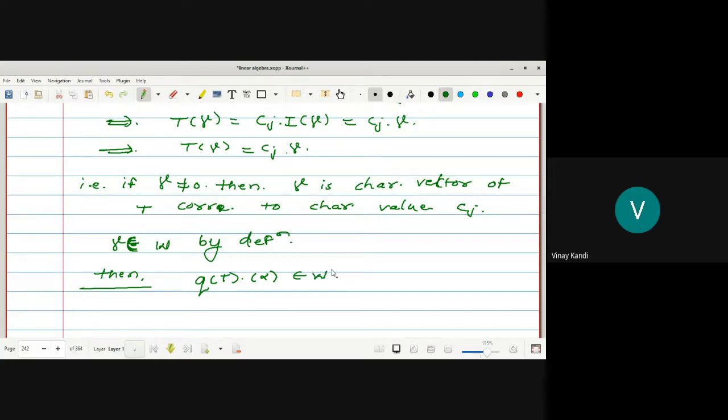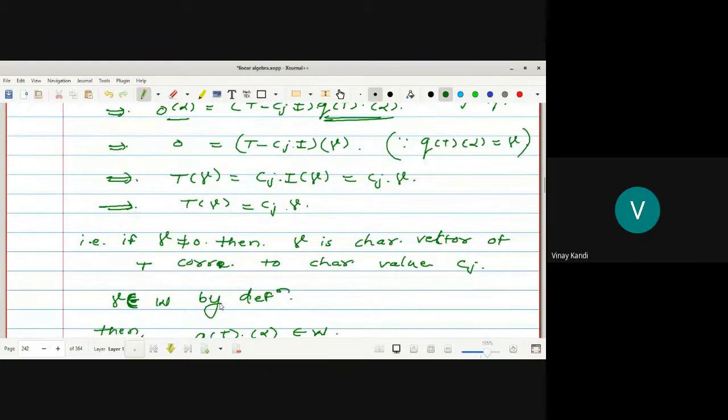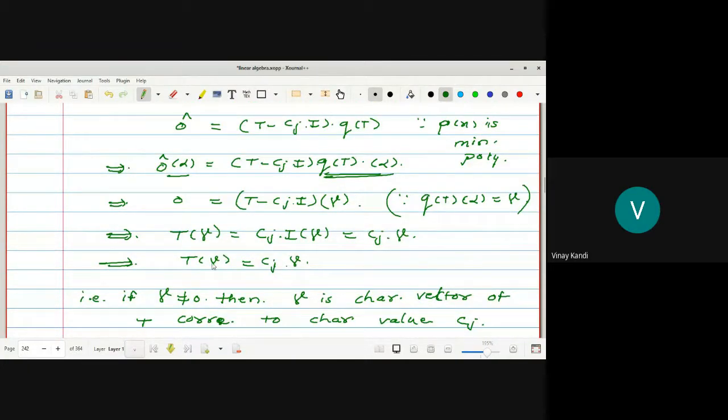Any doubt up to here? Did you understand how gamma belongs to W? T of gamma is equal to Cj into gamma, so here gamma is the characteristic vector of T corresponding to Cj.